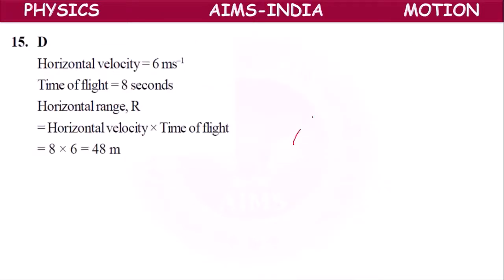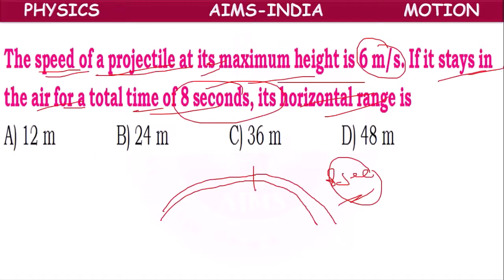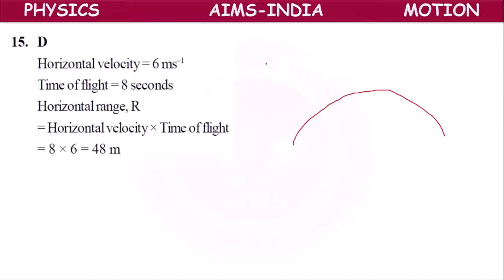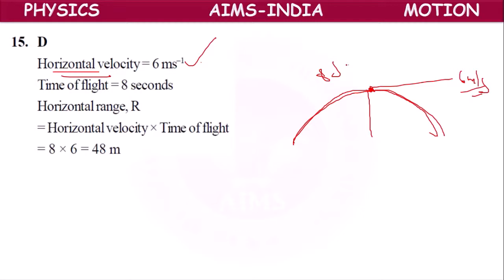They have given that at maximum height its velocity is 6 meter per second. At maximum height, the body will have only horizontal velocity, which is 6 meter per second.